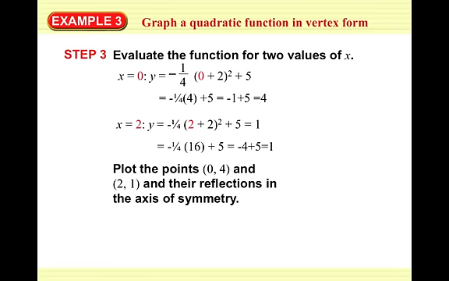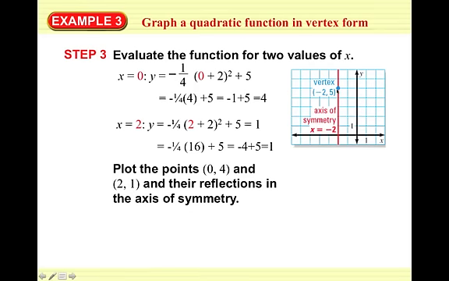So we're going to plot the points (0, 4) and (2, 1), and then we're going to use the reflections across the axis of symmetry. Okay, here's our axis of symmetry. We're going to plot (0, 4), we're going to plot (2, 1), and then we're going to use the axis of symmetry to draw in a couple of other points.